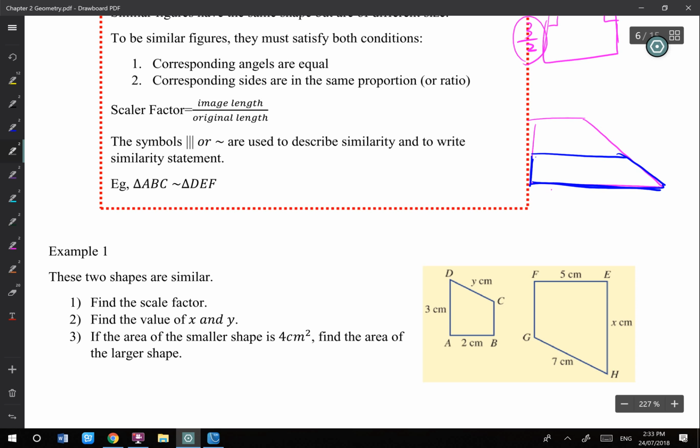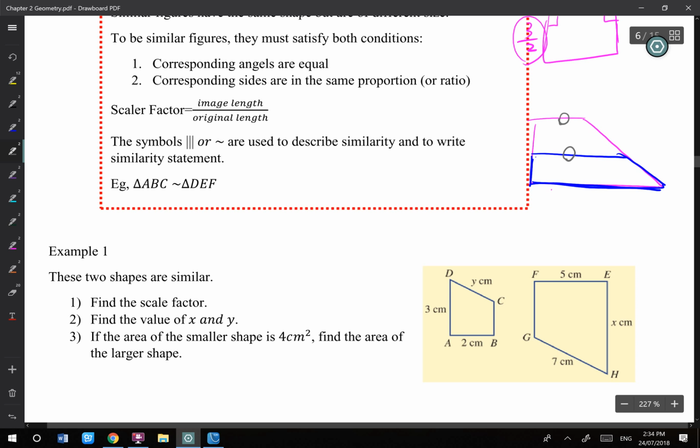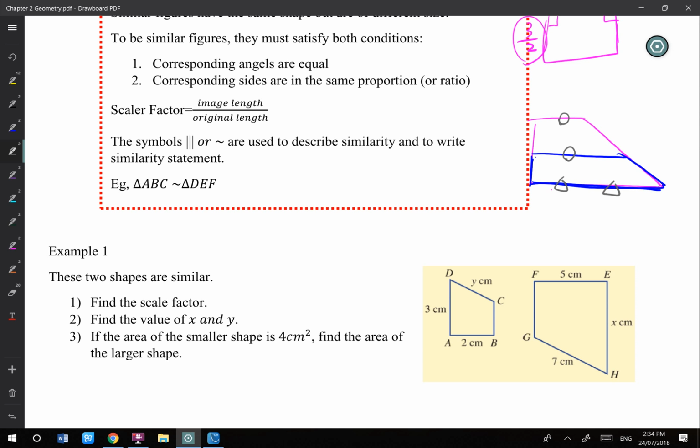If you think about corresponding sides, this one and this one are corresponding, right? And the bottom, this and this are corresponding, right? The pink one's length is less than the blue one's length, right? But at the base, they are the same, a ratio of 1. At the top, one is less than the other, so it's not a ratio of 1.